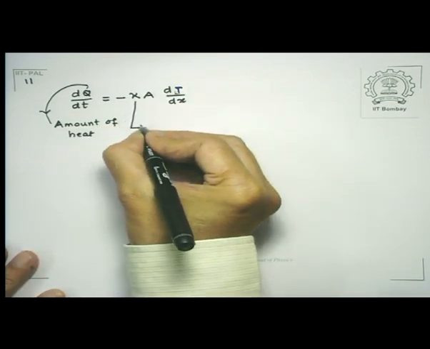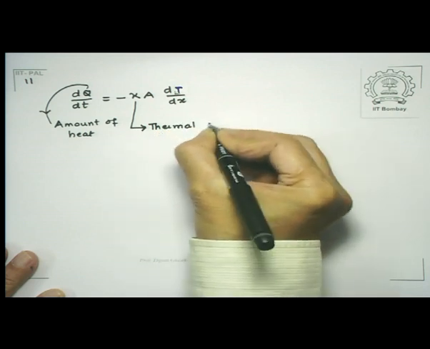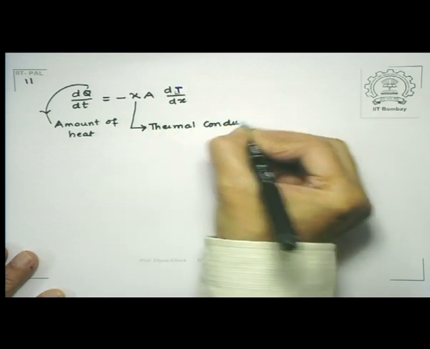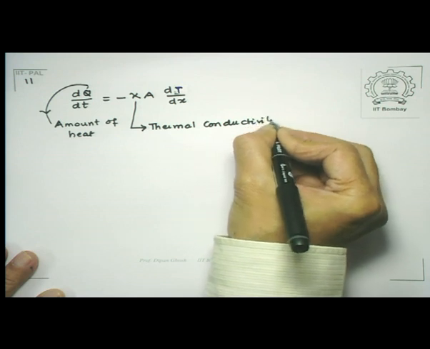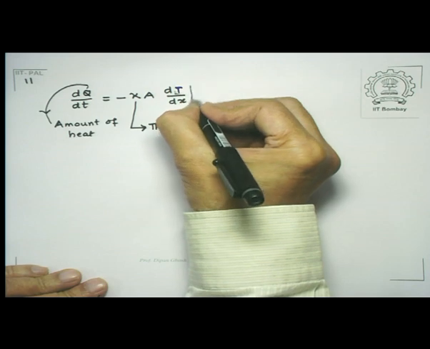Kappa is known as thermal conductivity, A is of course the cross sectional area, and this is a temperature gradient.